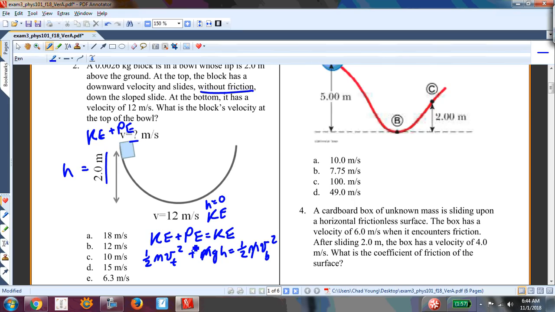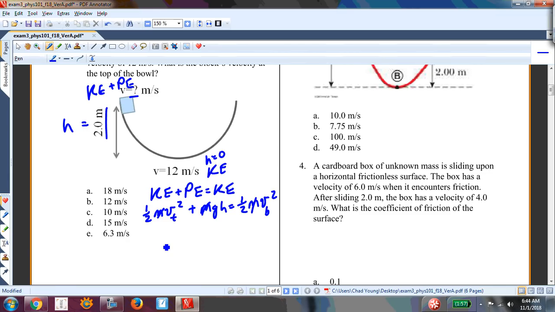Notice that our masses all cancel because they're in every term, I can divide through. And then I'm solving for v top. So v top is equal to 1/2 v bottom squared minus gh. Multiply that by 2. And then I'm taking the square root of that entire thing.